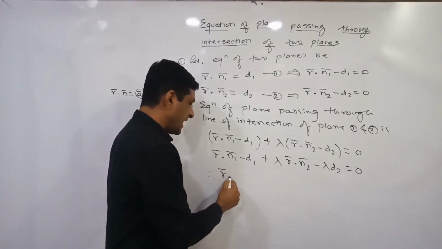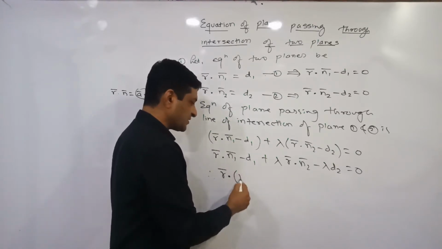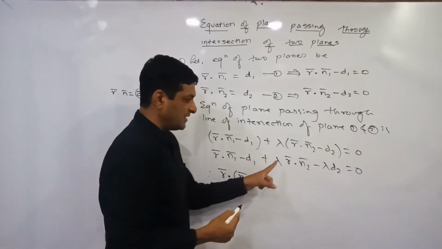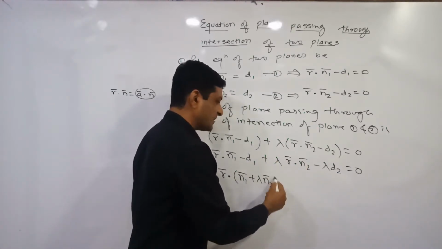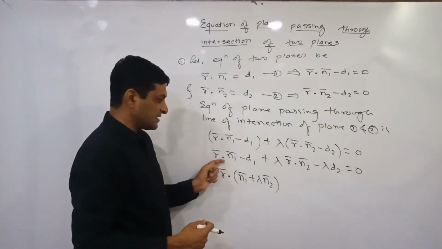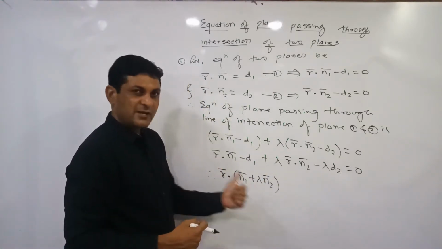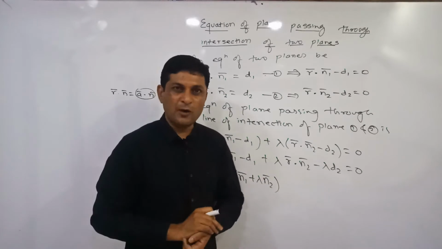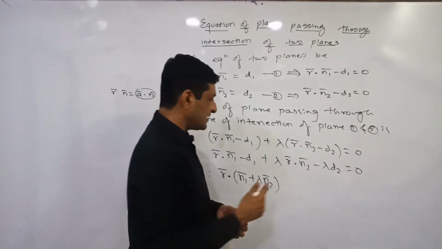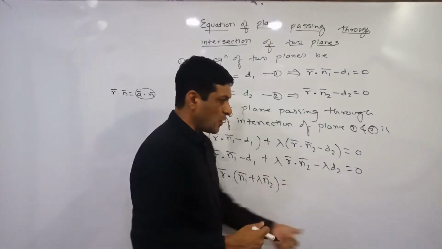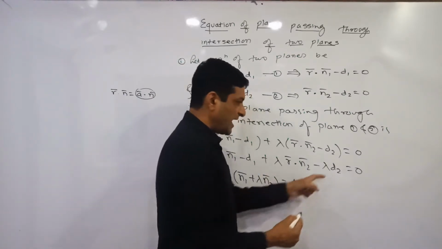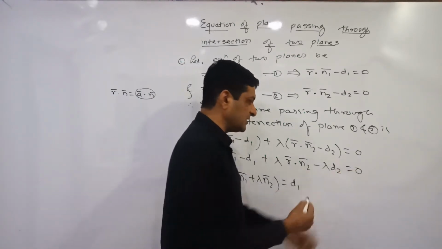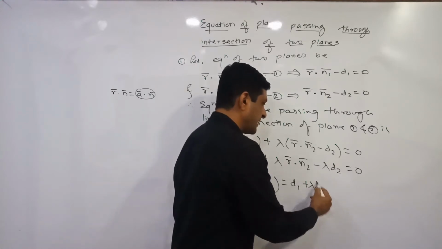So if I am taking r bar dot common from the first term, here we will get n1 bar, and here we will get plus lambda n2 bar. Just we have collected the terms of r bar dot, and we have taken r bar dot common from these two terms, and the remaining terms let us collect on another side. Minus d1 on this side will become plus d1, and minus lambda d2 on this side will become plus lambda d2.